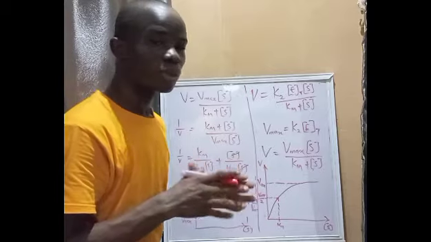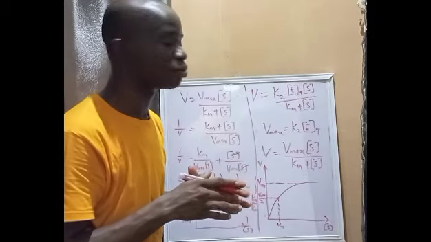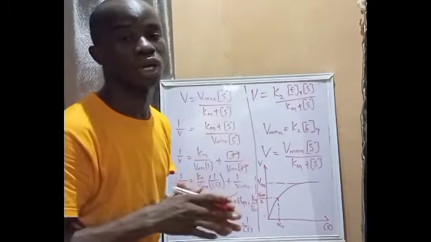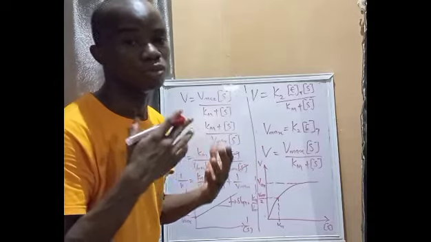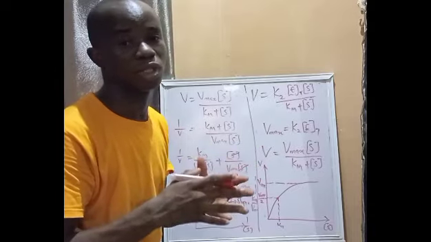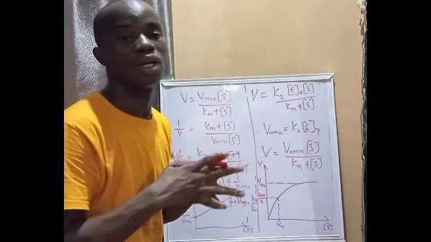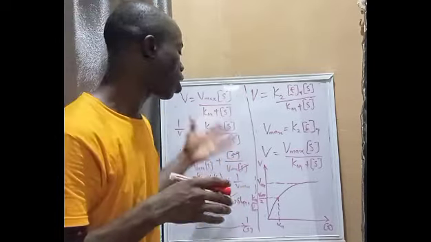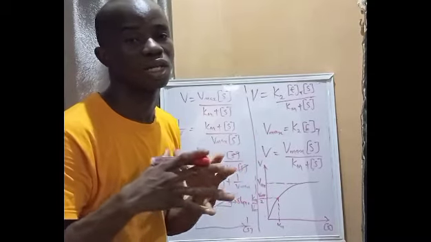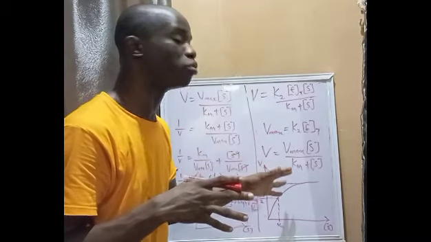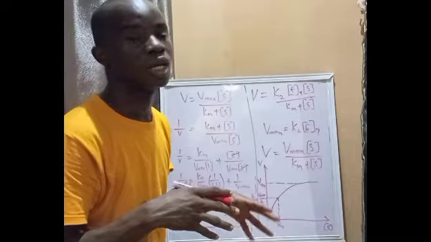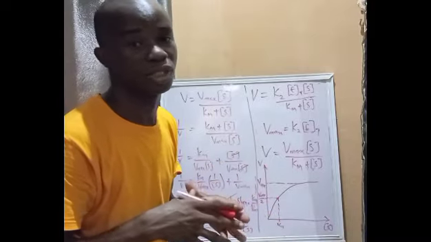So I believe with this video you are able to capture how the Michaelis-Menten expression was derived together with the Lineweaver-Burk expression. At the same time, you are able to also learn how to get Vmax and Km from both the Lineweaver-Burk plot and the Michaelis-Menten plot.